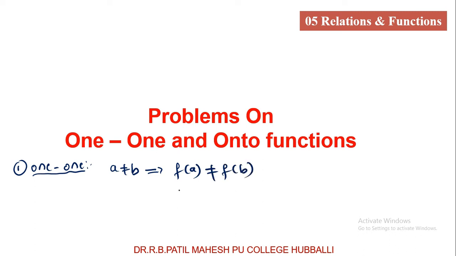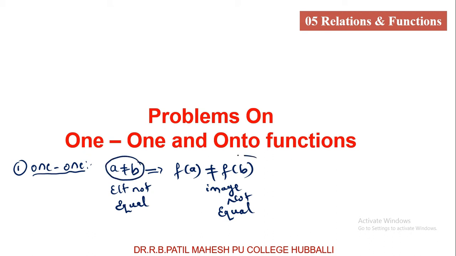It means that if elements are not equal, then images are also not equal, then the function is one-one.